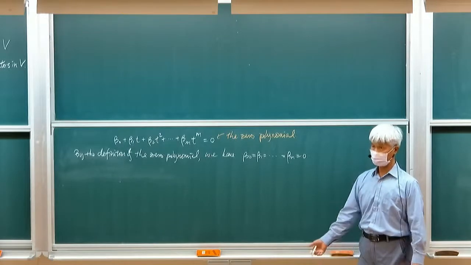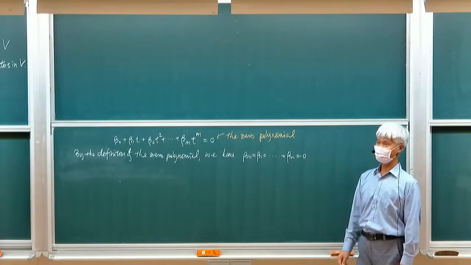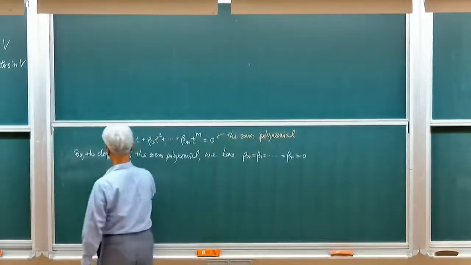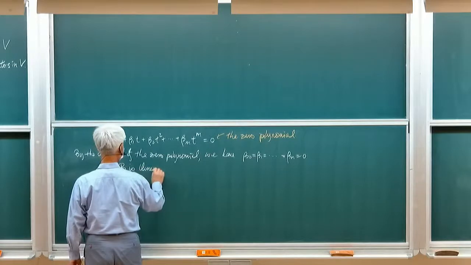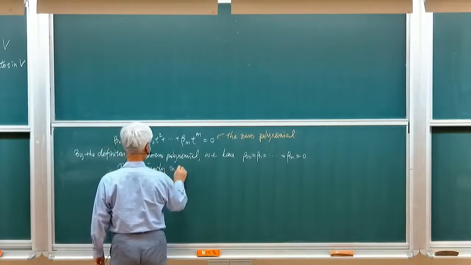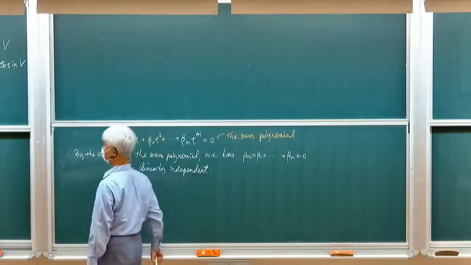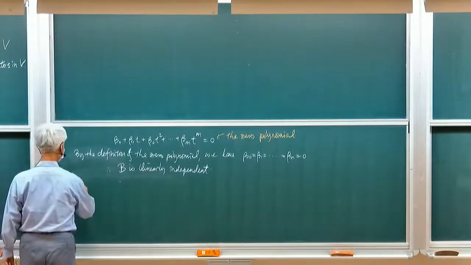This is what we mean by zero polynomial. Okay, so B is linearly independent. So we conclude.